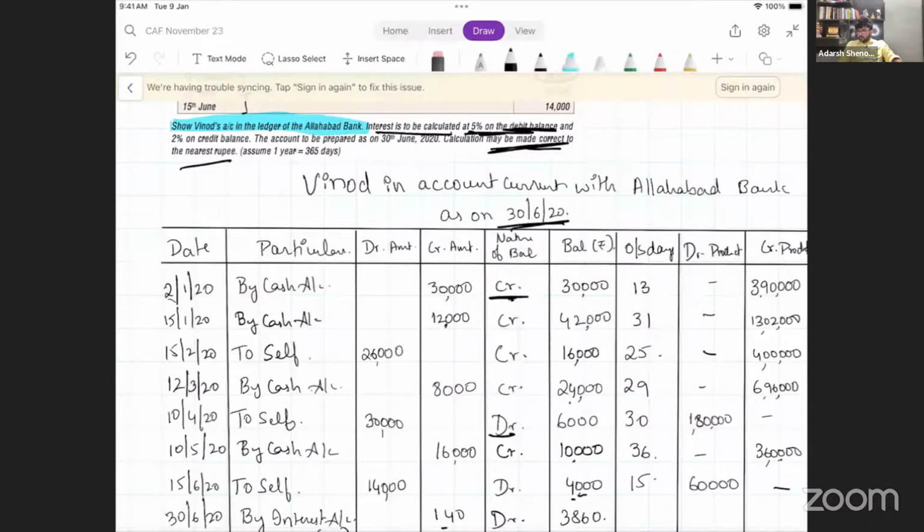Sir, in consignment, there is no normal loss problem. No. In your ICA materials or in the latest RTPs, I don't see much of the normal loss question. There was one question from the November 2018 attempt, I think. That was 5 years back when foundation was just introduced.